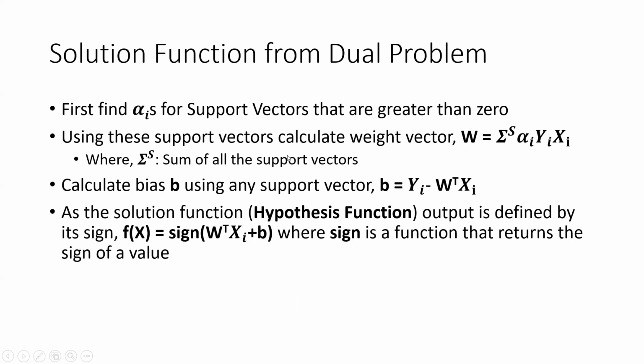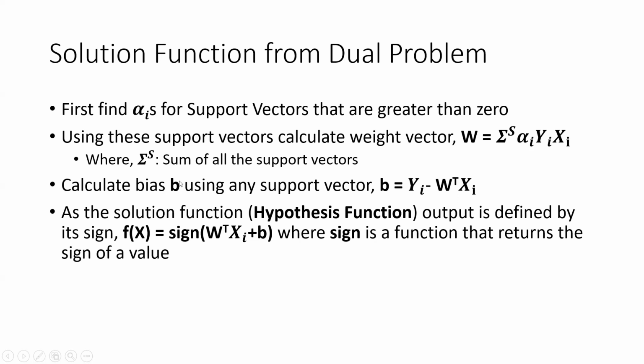This sum over S means for all the support vectors, we add these alpha i, yi, and xi values, and then you can get the W value. This is a vector, right?